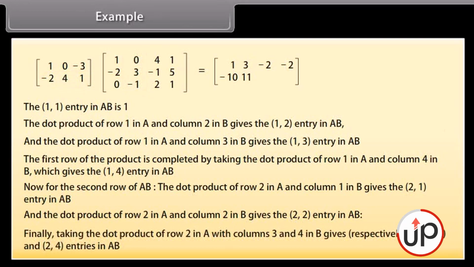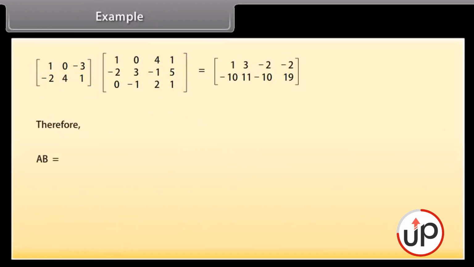Finally, taking the dot product of row 2 in A with columns 3 and 4 in B gives the 2, 3 and 2, 4 entries in AB respectively. Therefore, AB is the matrix with first row 1, 3, -2, -2 and second row -10, 11, -10, 19.